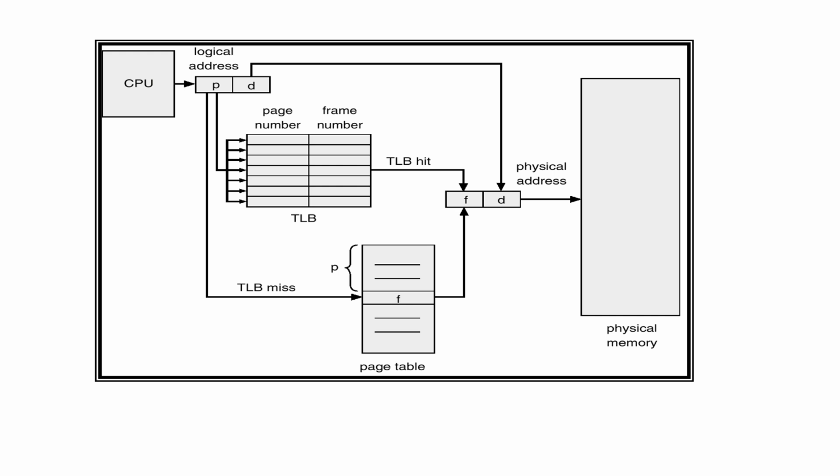From the logical address we get the page number, it is searched here, and the frame number is given directly. The frequently used data will be stored in this TLB so that it can be accessed very easily. Here we see two concepts, TLB hit and TLB miss. If the requested page is there, that is called a TLB hit. If the requested page is not there, it is called a TLB miss. If it is a miss, it has to be retrieved again from the page table.